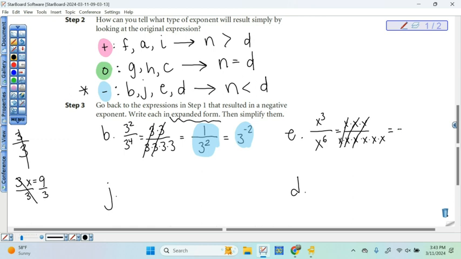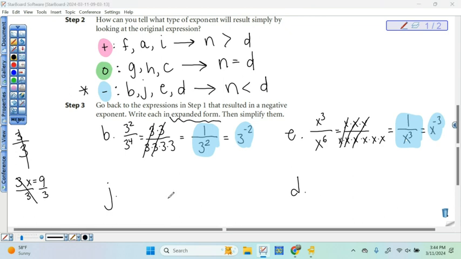What's left in the denominator? x cubed, right? And then what's left in my numerator? 1. And what was the answer we came up with for part E in step 1? x to the negative 3. So I just found out that x to the negative 3 is the same thing as 1 over x cubed.